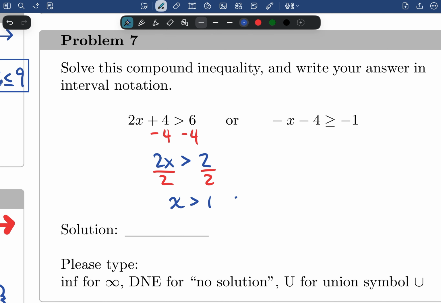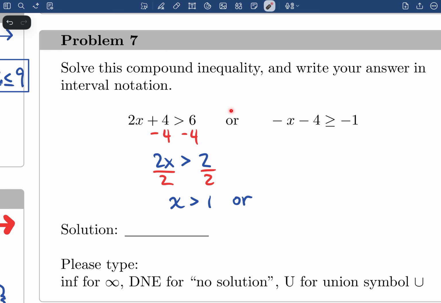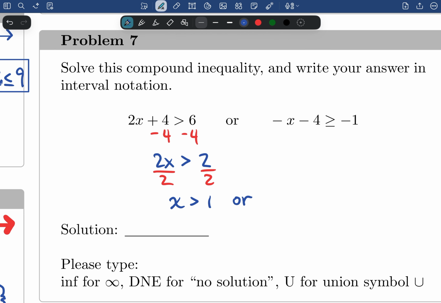Then I have this or word, right? The word or. I'm going to rewrite it down below. And now I'm going to solve the second inequality. Okay, first I'm going to add 4 like this. And then I get negative x is greater than or equal to negative 1 plus 4, which is 3. And at this point, you might notice I need to divide by negative 1 on both sides, right?